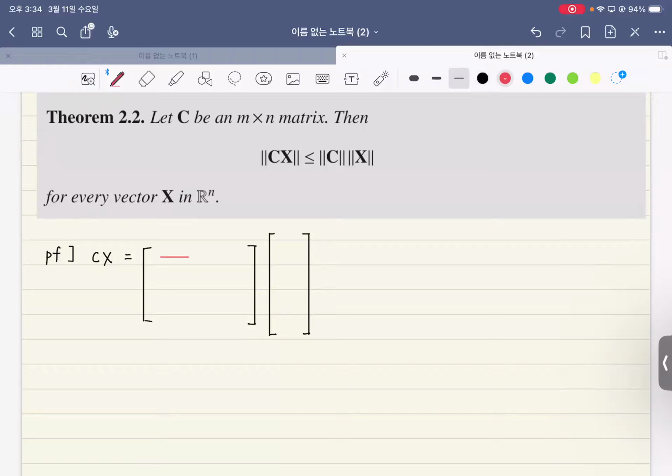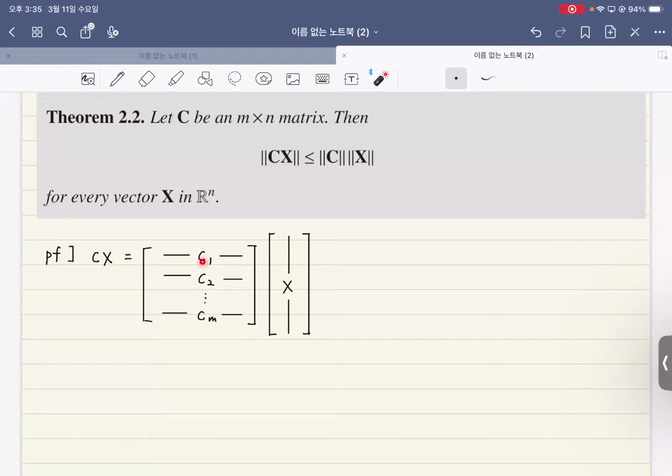This is C1, and this is C2, and this is Cm, and this is the vector x.